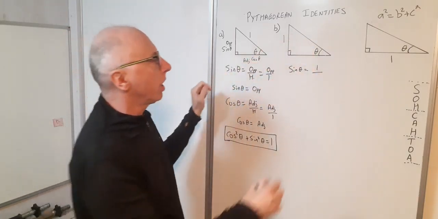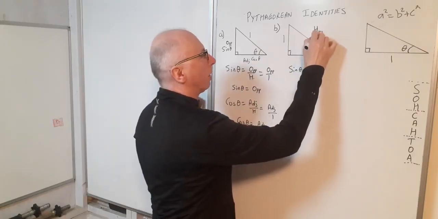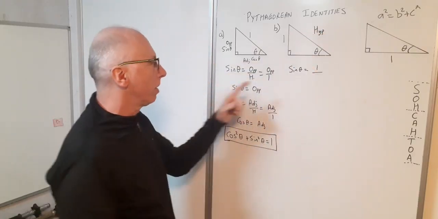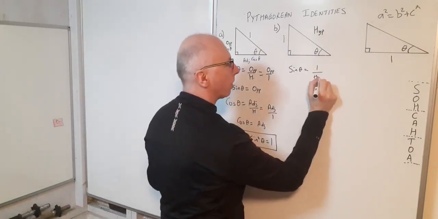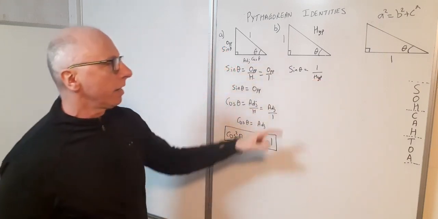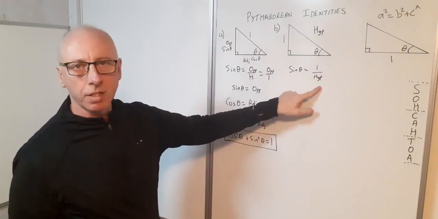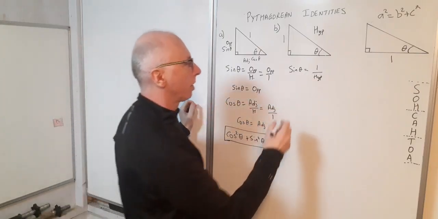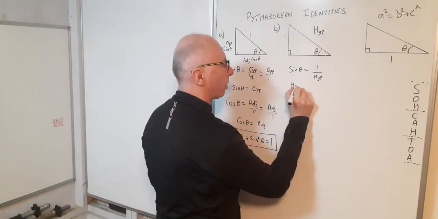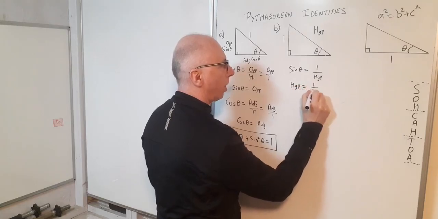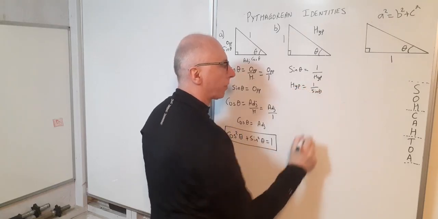And hypotenuse here, we don't know what that is, so I'm going to just put hypotenuse. Now multiply both sides by hypotenuse and divide by sine theta. I can just switch them around. So then I will get hypotenuse equals 1 over sine theta.